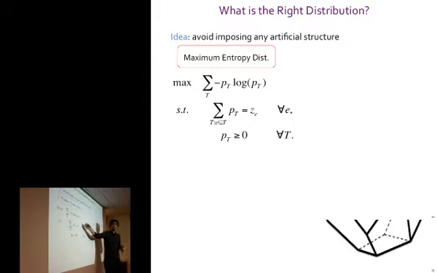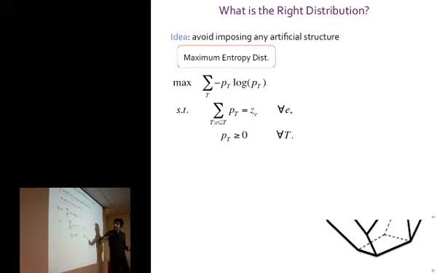What does it mean to be as random as possible? It means looking at the maximum entropy distribution. This distribution has the least amount of information. Let's say for every possible tree in my graph, I assign a probability p_T. There could be exponentially many of them. Then the entropy of this distribution is the summation of minus p_T log p_T.